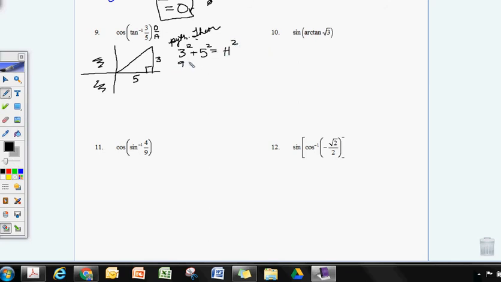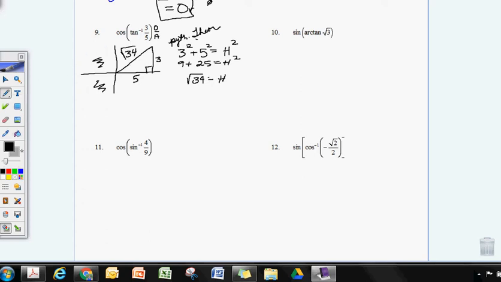So this is 9 plus 25 equals hypotenuse squared. That's 34. The square root of 34 is what my hypotenuse is going to be.